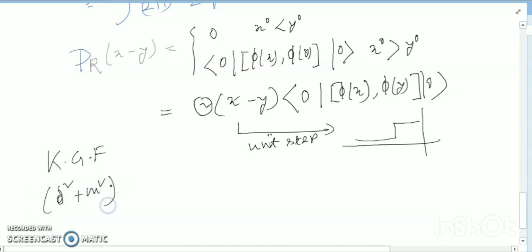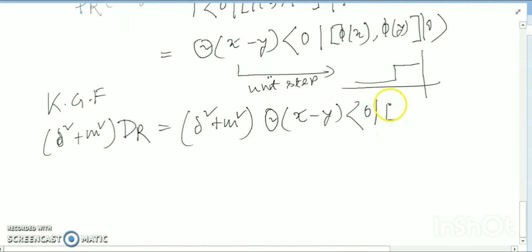Whatever I get, x minus 1 and the other value is 0, phi x comma phi y. So this is the KGF acting on the propagator.